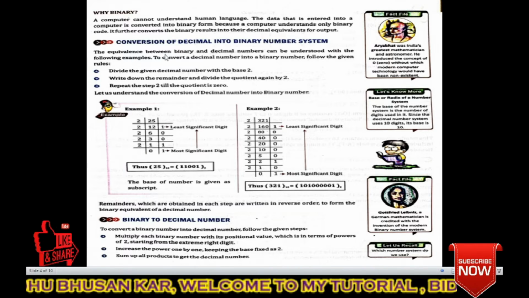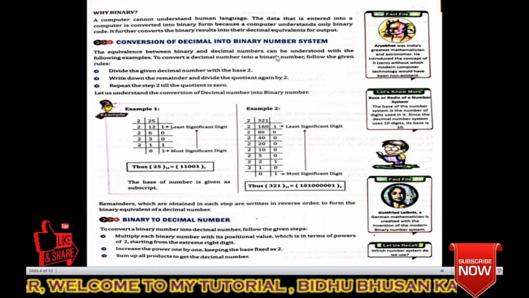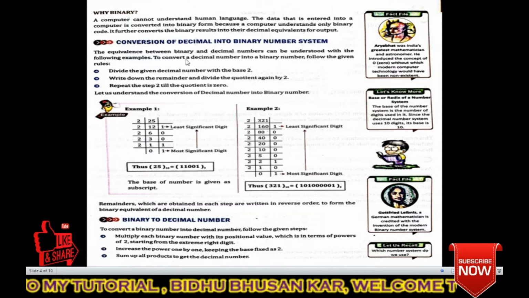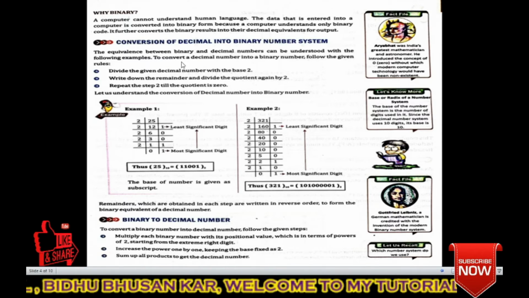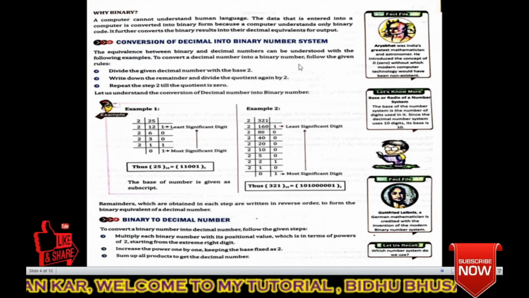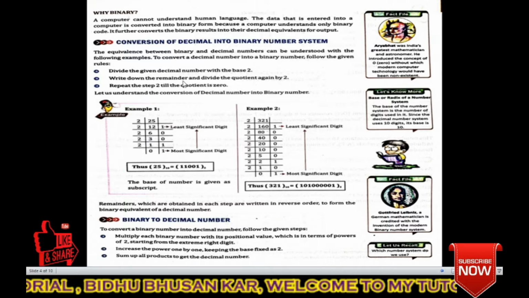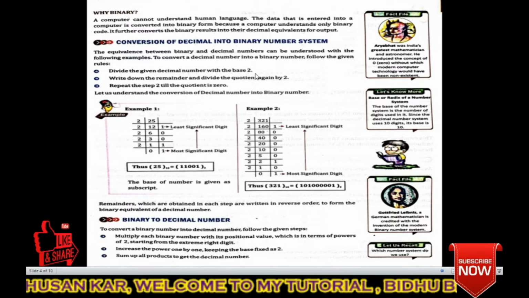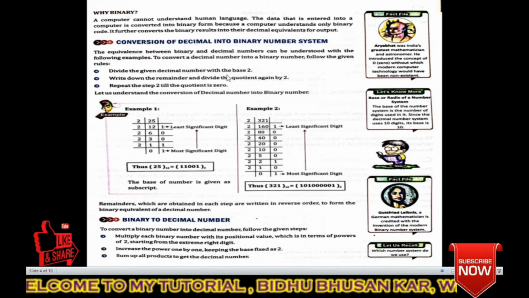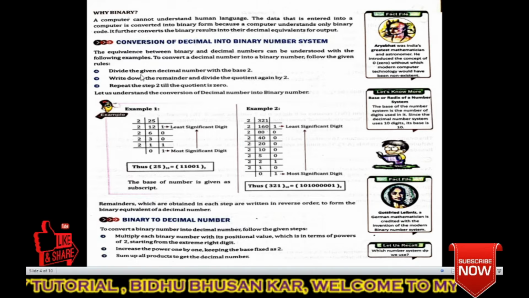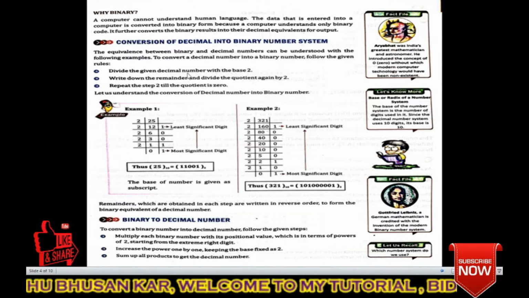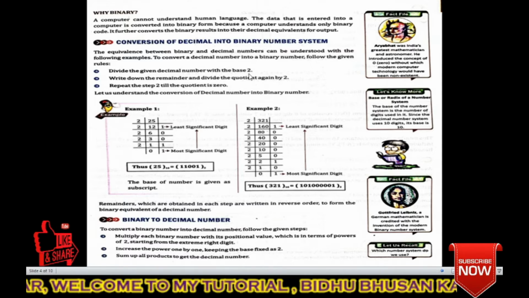The equivalence between binary and decimal numbers can be understood with the following examples. To convert a decimal number into a binary number, follow the given rules. First, divide the given decimal number by the base 2.